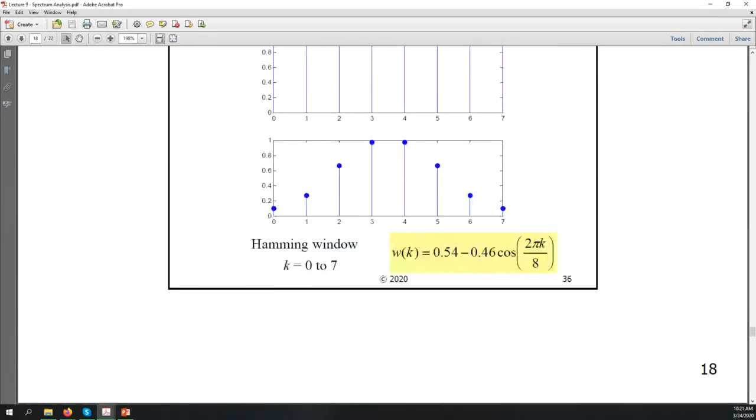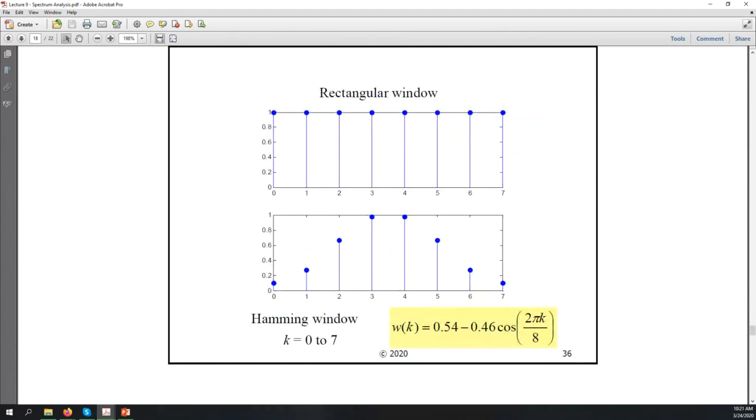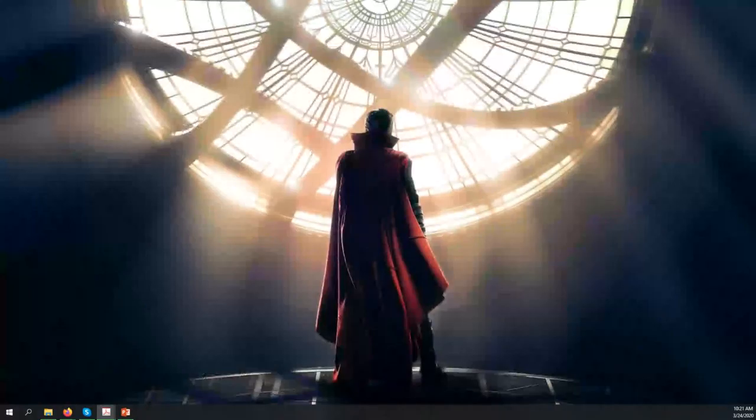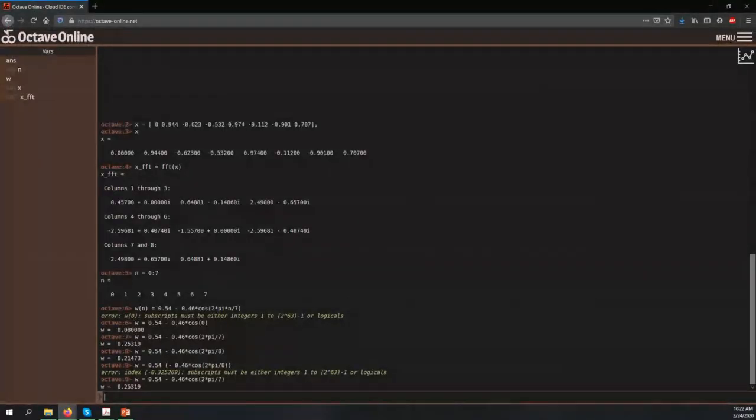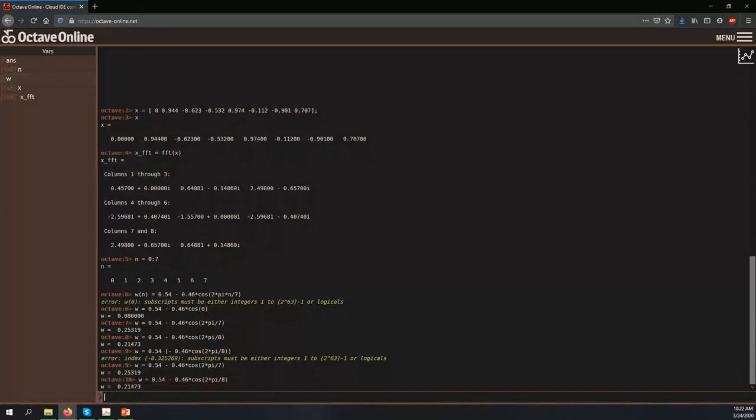Okay, right, so that's the equation I need to use. Okay, right, I know what I need to do.